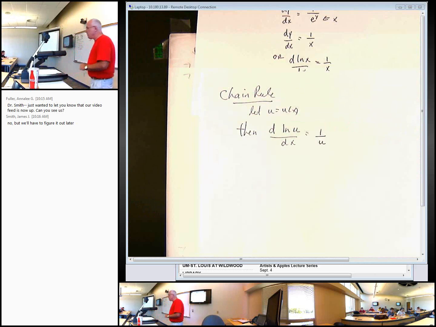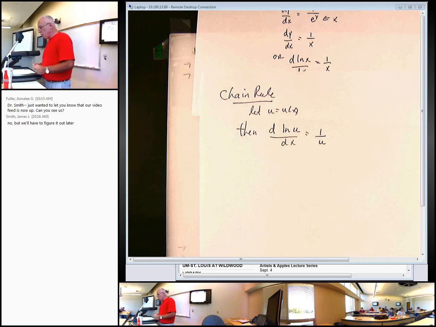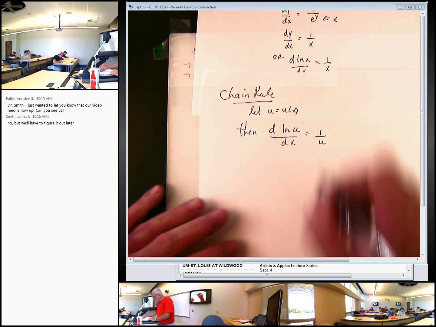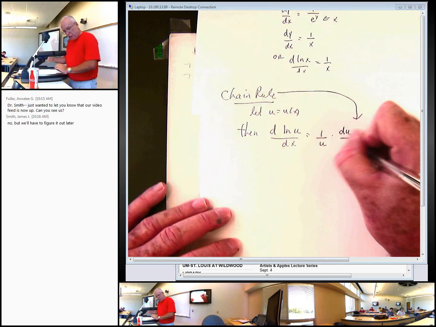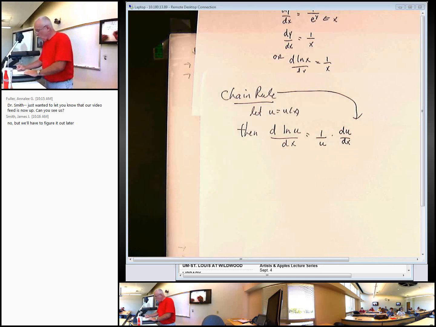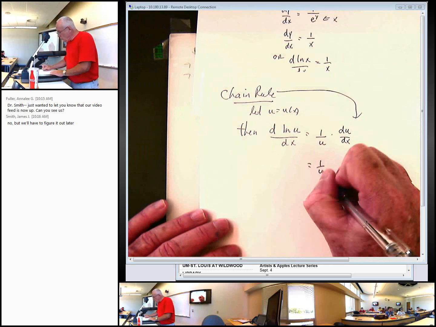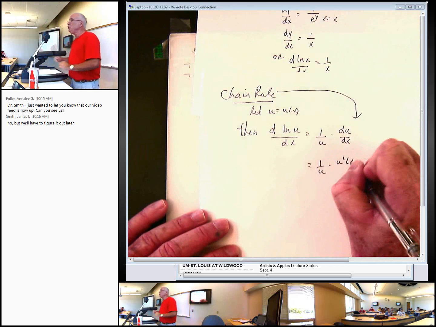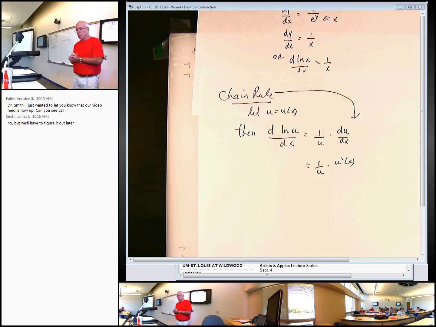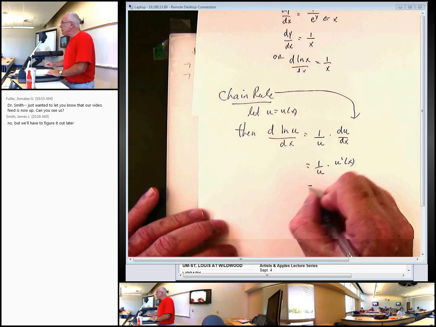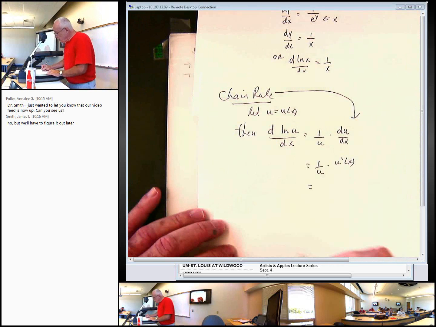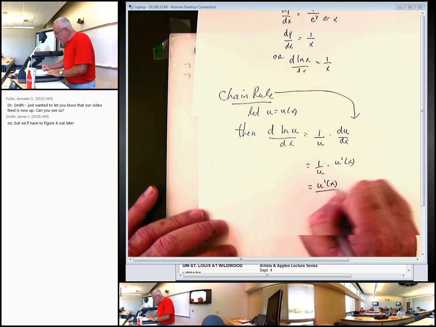That's from the main formula, 1 over u, but now we have to do the chain rule times the derivative of u with respect to x. Or we can write it this way, 1 over u times u prime of x. I like to squish this together into a single quotient, u prime of x divided by u.